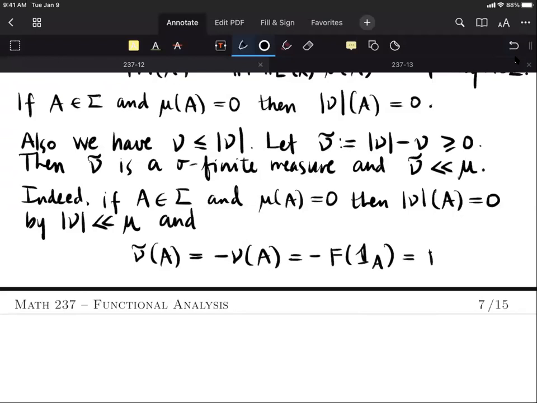So therefore, this is 0, since this is 0 in LP.